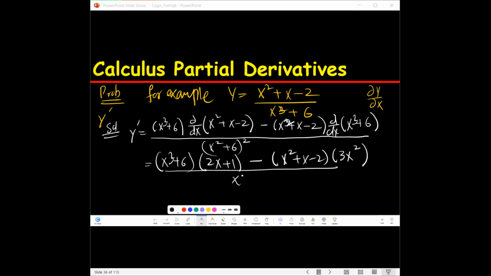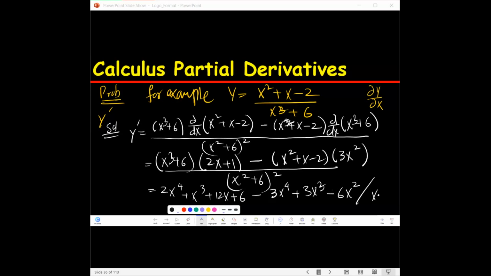We can simplify this one, and the simplification part is not too complicated. It depends on how complicated the derivative is. I can expand this one, and it is going to equal 2x^4 plus x cubed plus 12x plus 6 minus 3x^4 plus 3x cubed minus 6x squared, divided by the denominator squared.